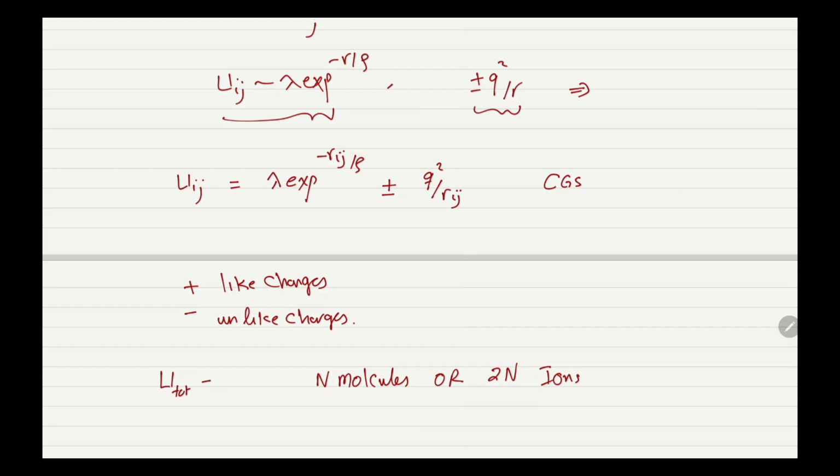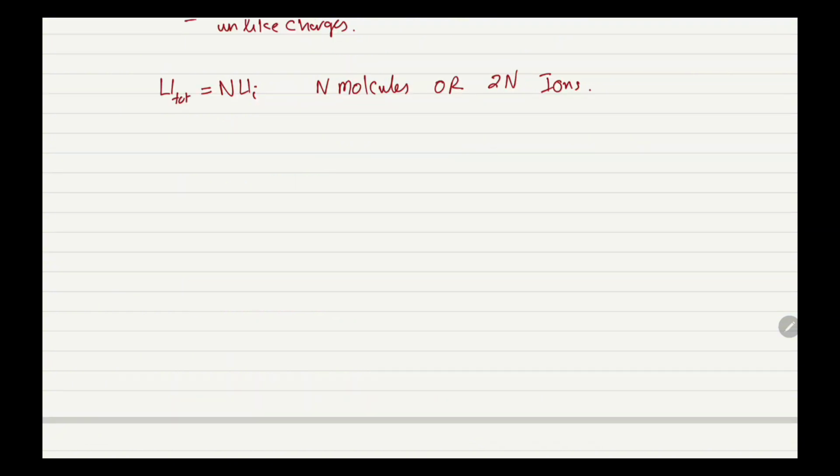Therefore, U total equals n Ui. We use n here rather than 2n because we must count each pair of interactions, or each bond, only once.